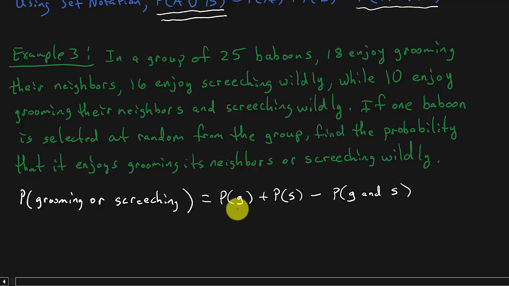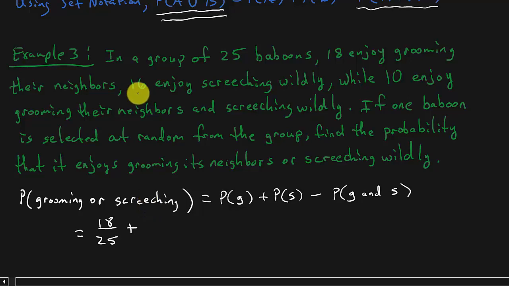So the probability of grooming, well, how many enjoy grooming? That's 18, right? 18 enjoy grooming divided by the total possible. Well, what's the total possible? It says in a group of 25 baboons. So there's 25 total, plus the probability that they enjoy screeching.